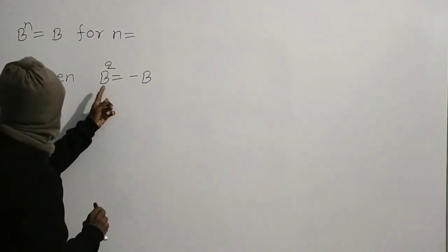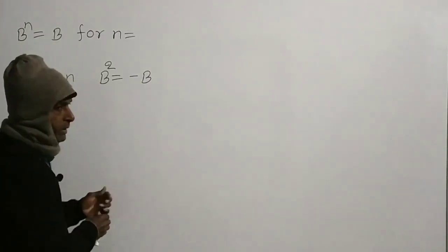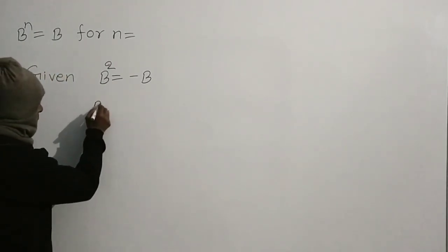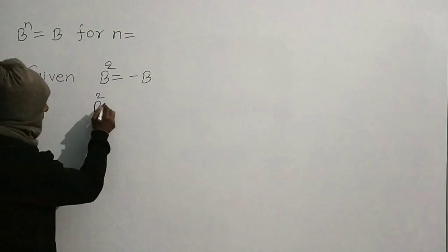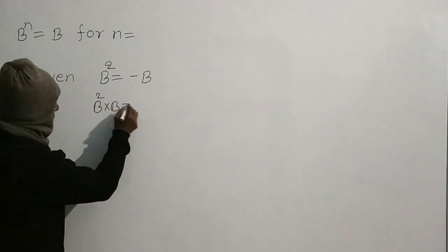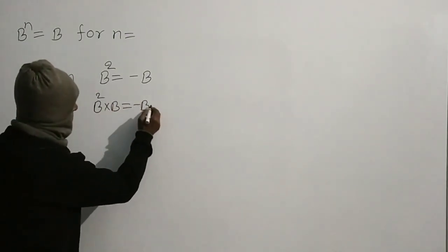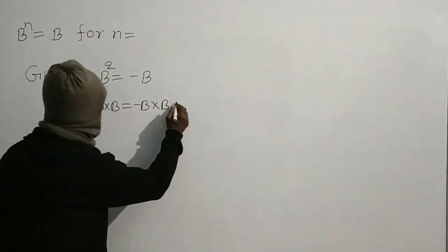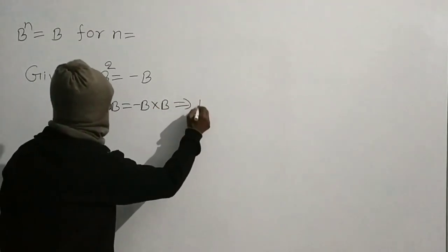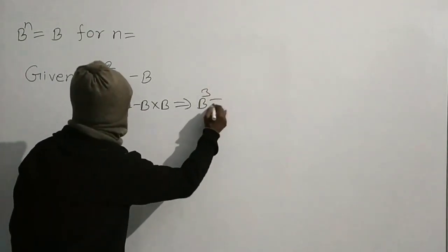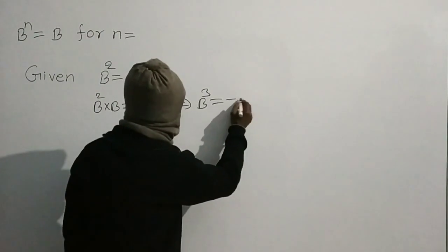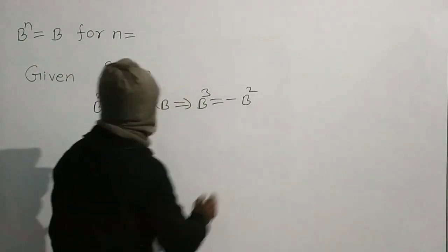Multiplying both sides of this equation by B, we get B square times B is equal to minus B times B. This implies B cube is equal to minus B square.